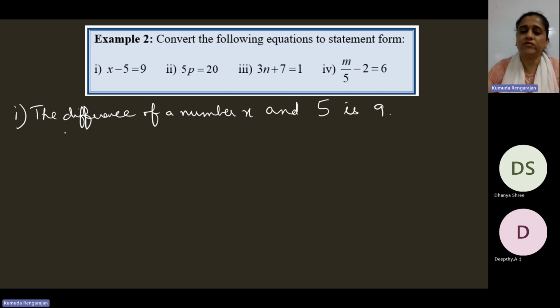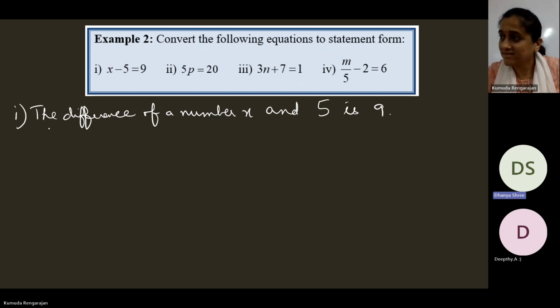What's another way of putting this? Use the word from. If we subtract something from something, we get 9. Ma'am, 5 subtracted from x gives 9. Correct. 5 subtracted from a number x gives 9.